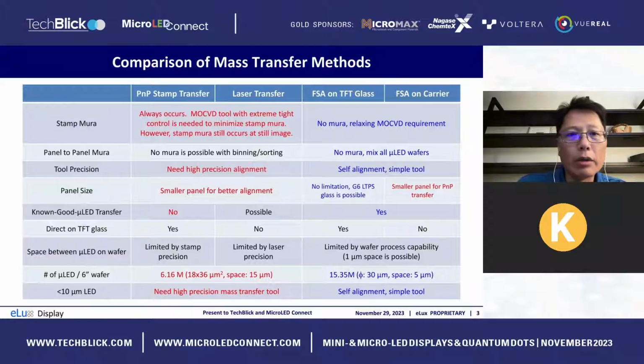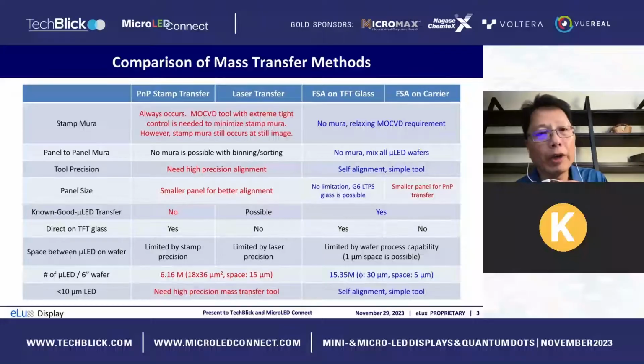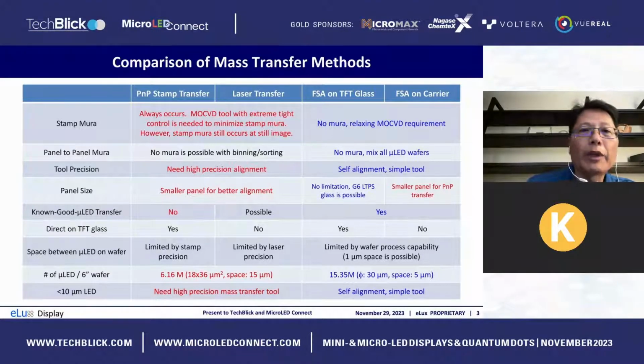For stamp Mura, as I just showed you, pick and place and laser transfer will have stamp Mura. And so you have to have a very good MOCVD tool to make a very uniform architecture. For FSA, those MOCVD requirements can be relaxed.